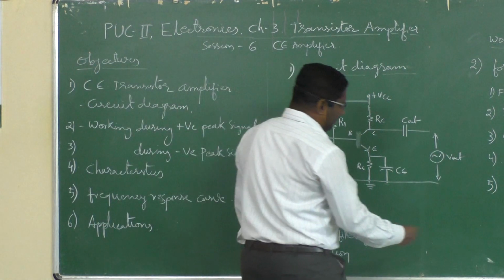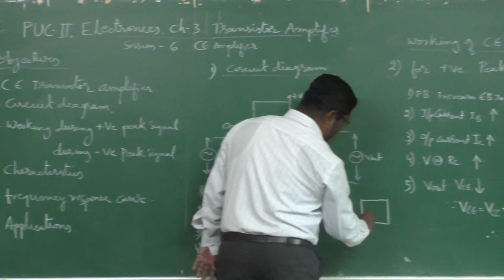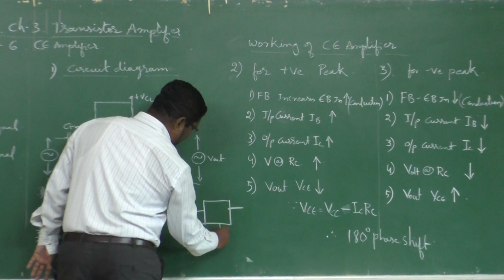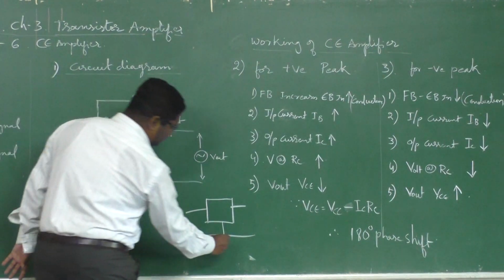Another day we discussed that whichever point is common with respect to input and output is known as common. For example, in this circuit the emitter is connected to the ground.